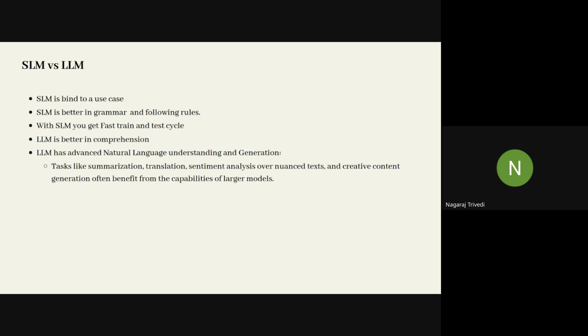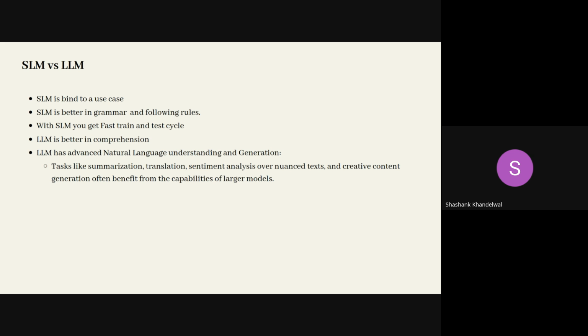But what is LLM better at? LLM is still better in overall comprehension, and in advanced natural language understanding and generation tasks, like summarization of text or translation, and sentiment analysis over nuanced text.